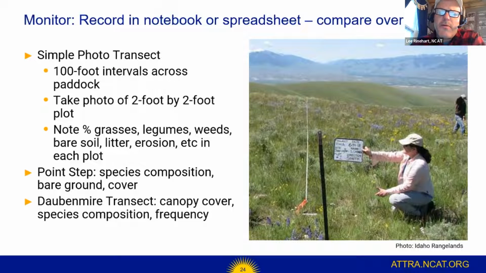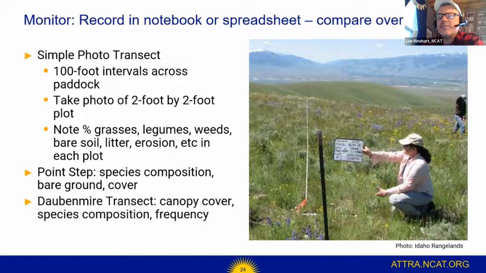And then some other methods that we could use involve a little bit more data collection. And this actually is probably one of my favorite things. After I really learned how to do this, it's one of the favorite things that I can do by myself or with a bunch of ranchers out on the field. I have never seen ranchers light up like this.